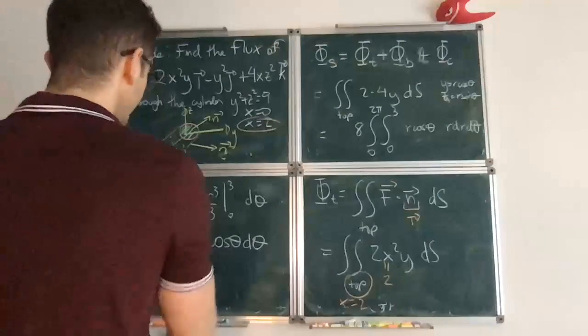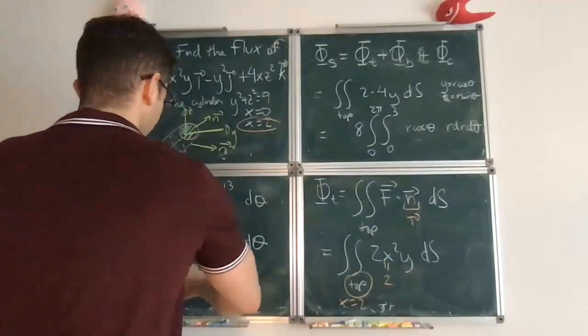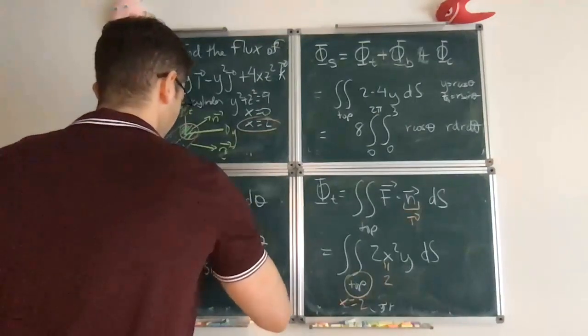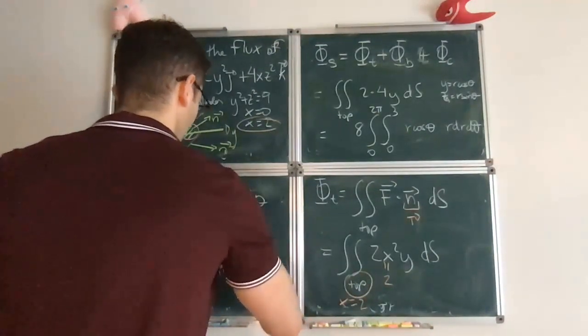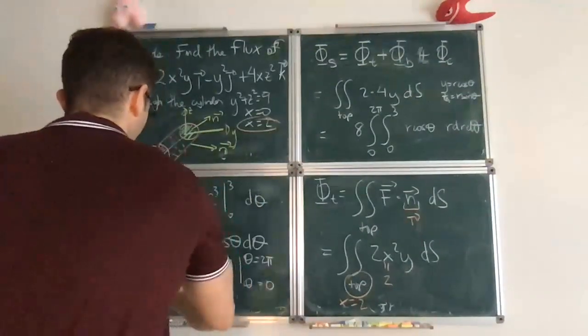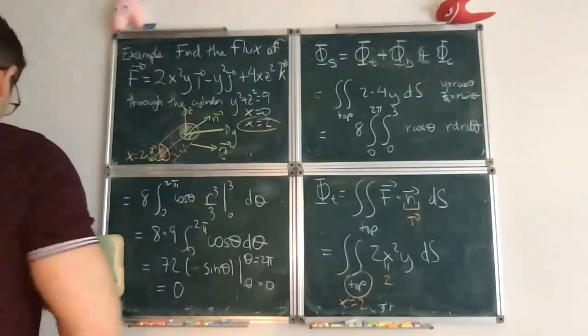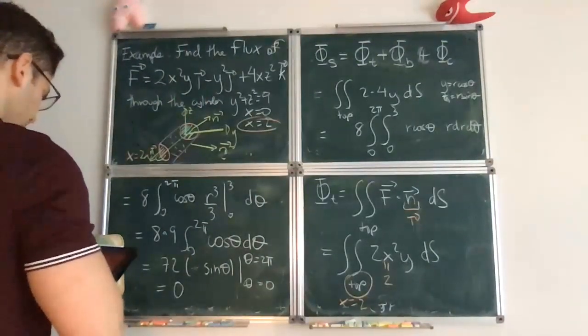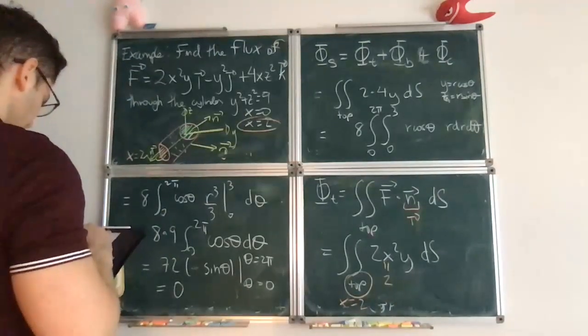And this is the 72 times negative sine of theta at theta equals 2 pi and theta equals 0, and that will give you 0. So in that case, this means that really there is no flux through this component.